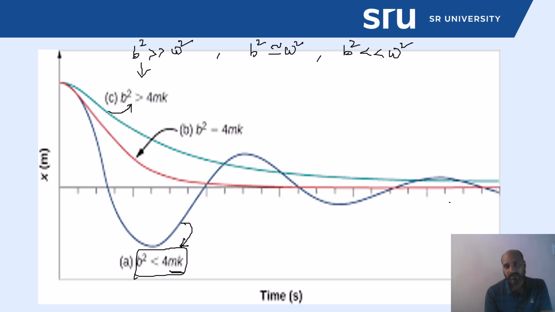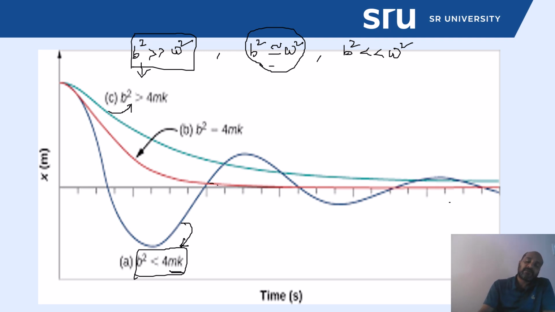Under damped is very slow. But the third condition, critical damped, shown with red color, is decreasing its amplitude rapidly. See that it is coming to zero very rapidly.